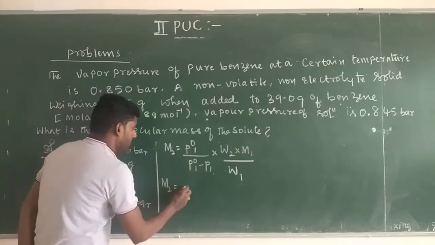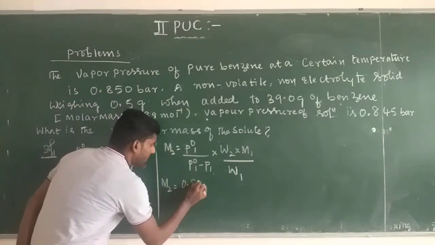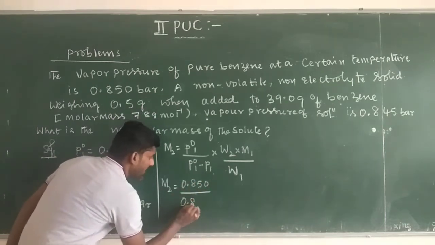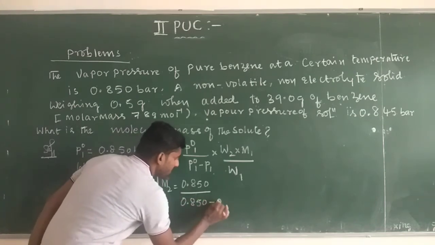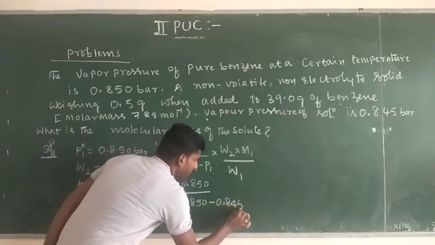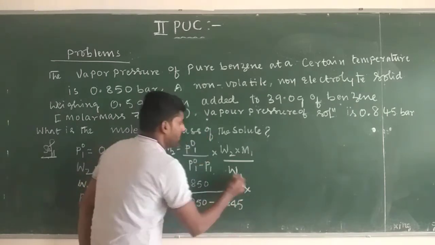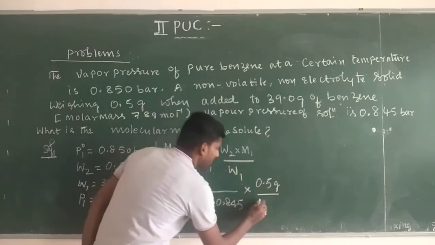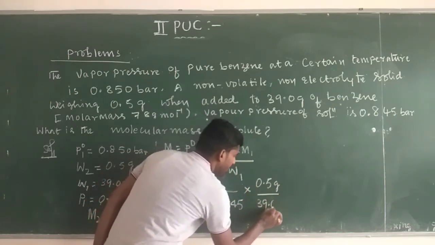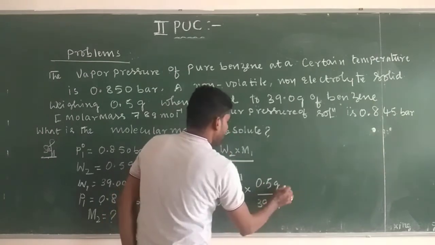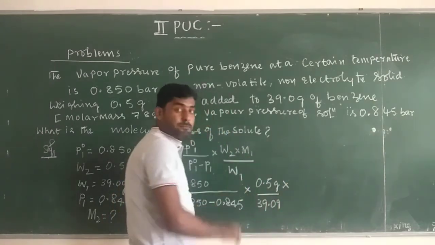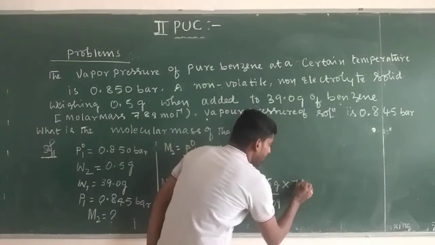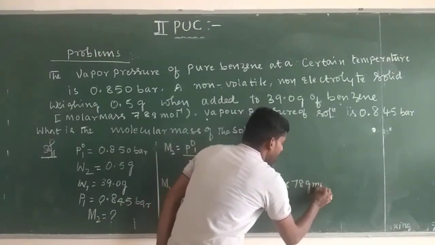M2 is equal to P01, 0.850, divided by P01, 0.850, minus P1, 0.845, into W2, 0.5 gram, divided by W1, 39.0 gram, into the molecular mass of pure benzene they are given. So that is 78 gram per mole.